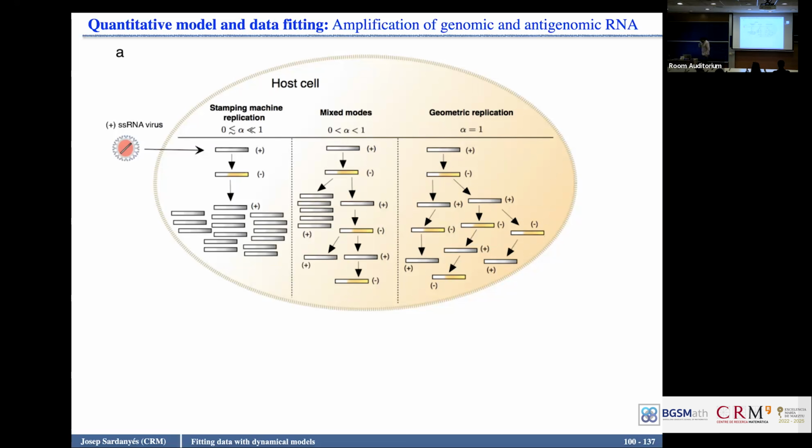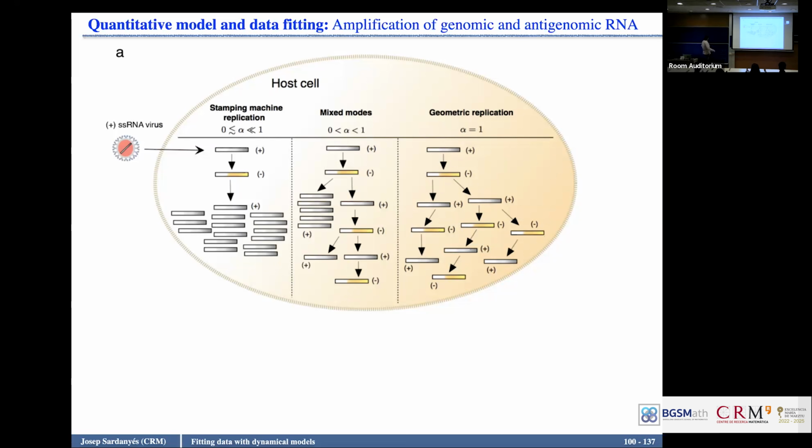The first works, which are very old, from the 60s and 70s, were trying to estimate this indirectly, with the distribution of mutants. If we have stamping machine replication, the number of mutants follows a distribution with this expression, where mu is the mutation rate.